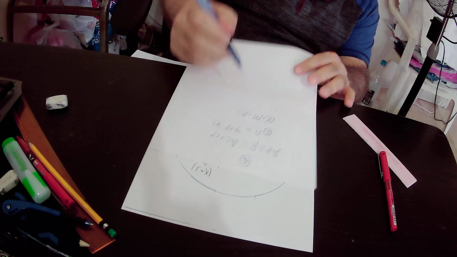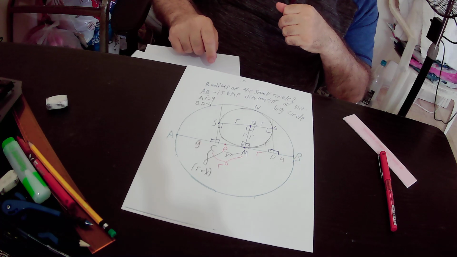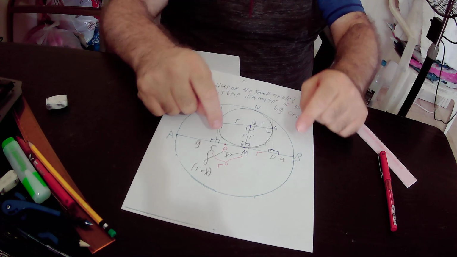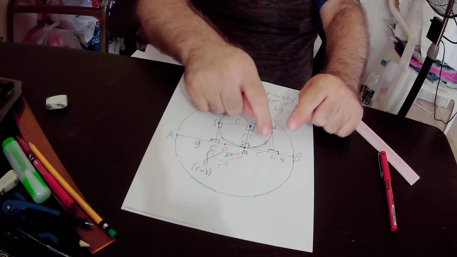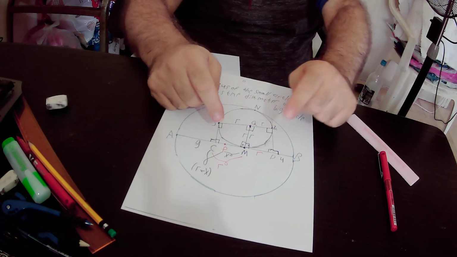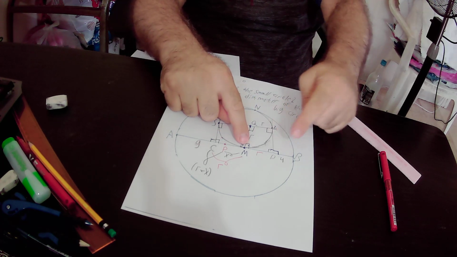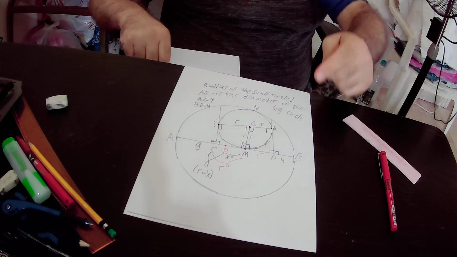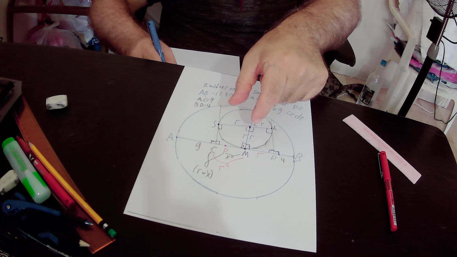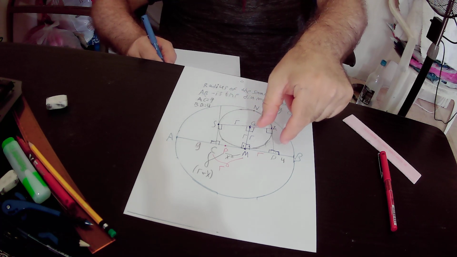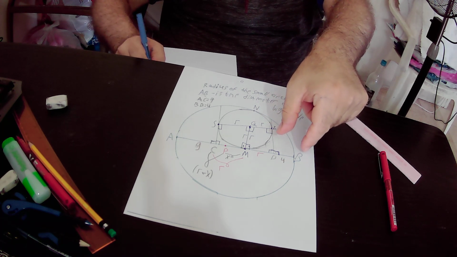And what is the value of PB? PB equals PM plus MD plus DB.